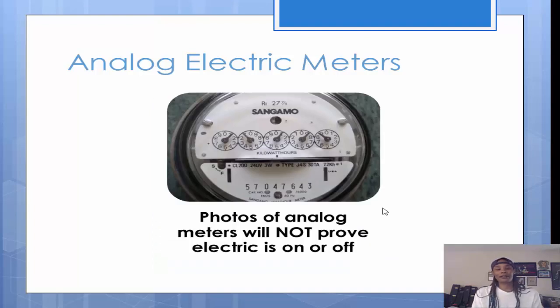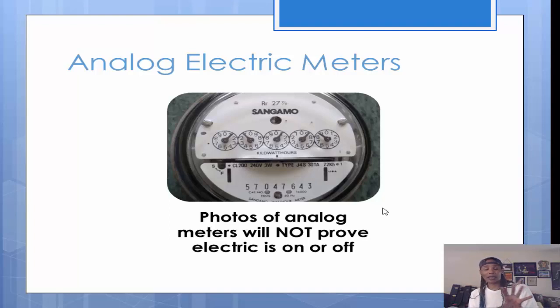Now, most companies will tell you that when you take photos of analog meters, it does not prove that the electric is on or off, and it's true, because from a photo, unless you're taking a video, you can't really tell if this meter is actually moving. So it's useless taking a picture of it, but you still want to provide it to say, hey, I checked the meter.